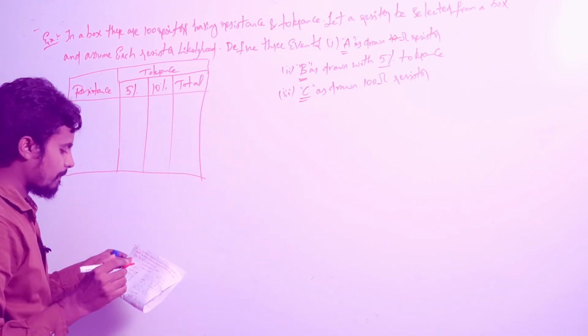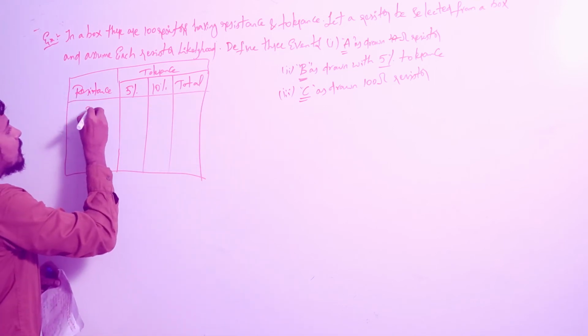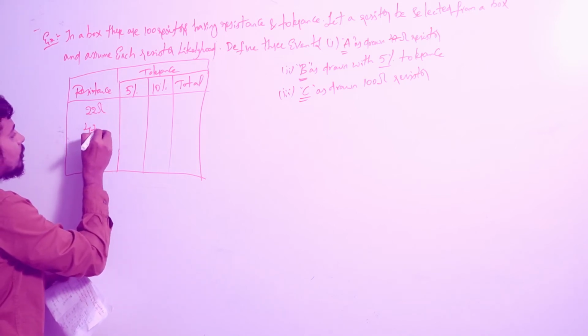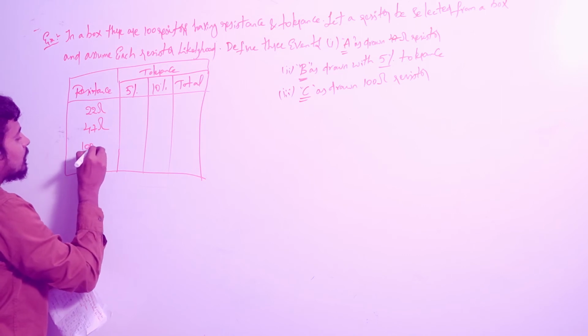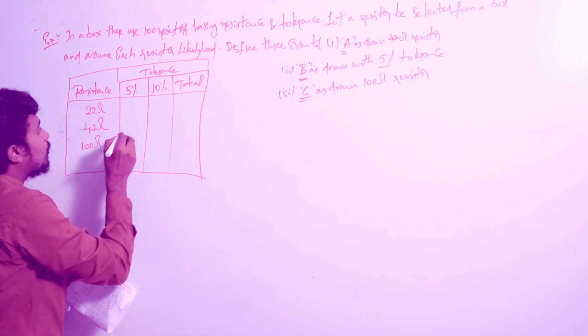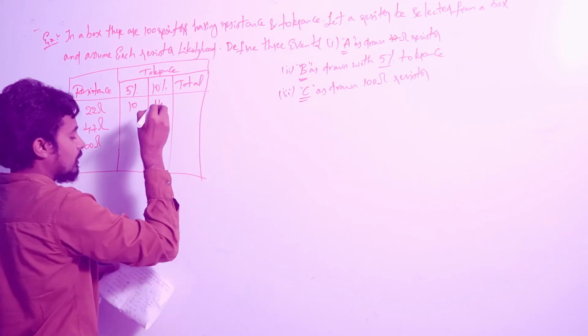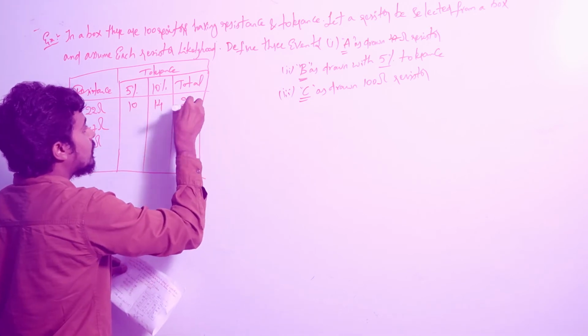They will be taken for 22 ohm as well as the 47 ohm as well as the 100 ohm. For 22 ohm, they will be given 10, 14 as well as the 24.